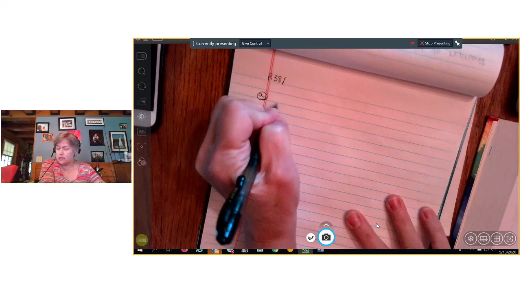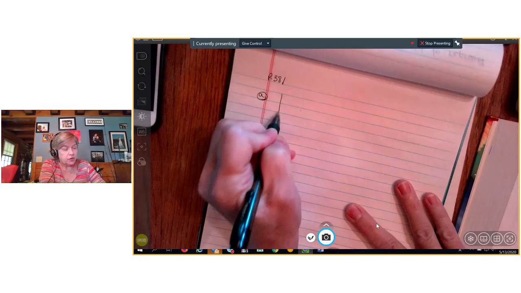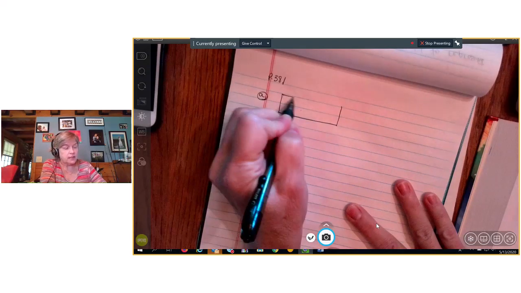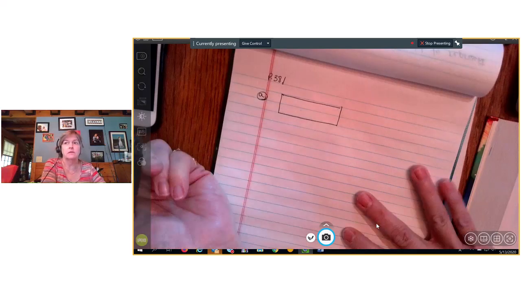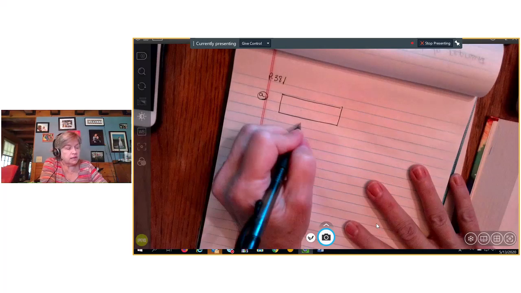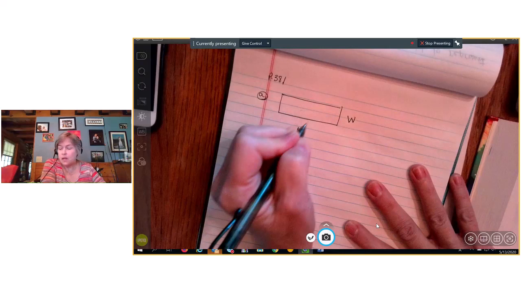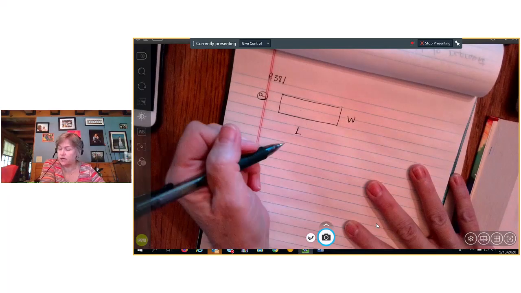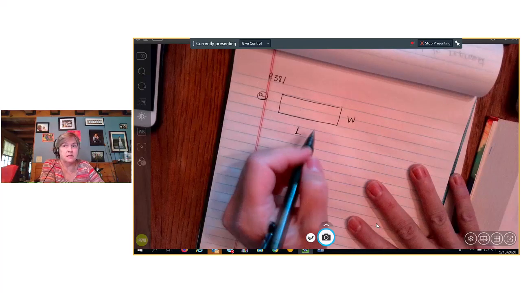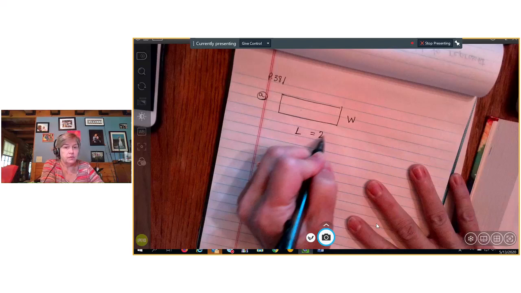It says the length of the rectangle is twice its width. Draw a picture. We have a rectangle. We know that this is the length and this is the width. And it says the length of the rectangle is twice its width. So that means the length is going to equal 2W.